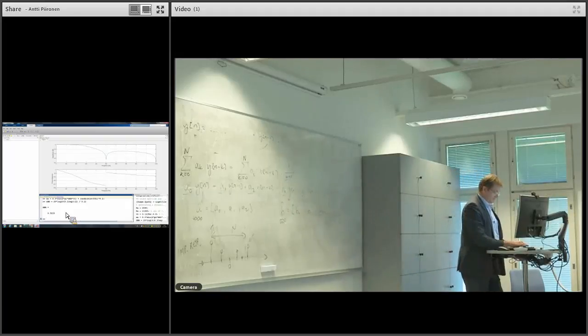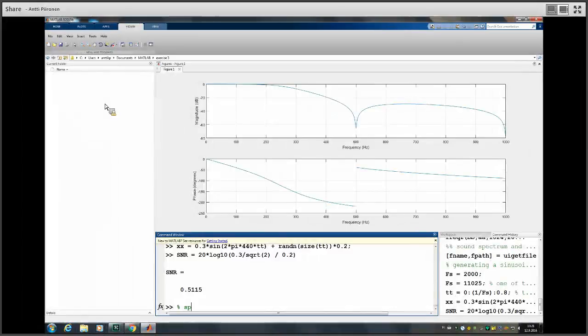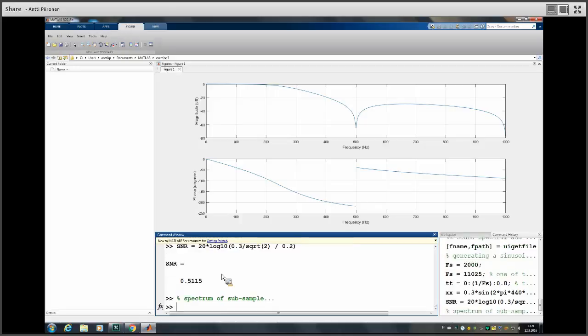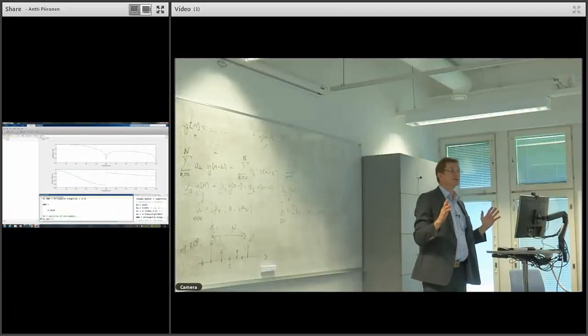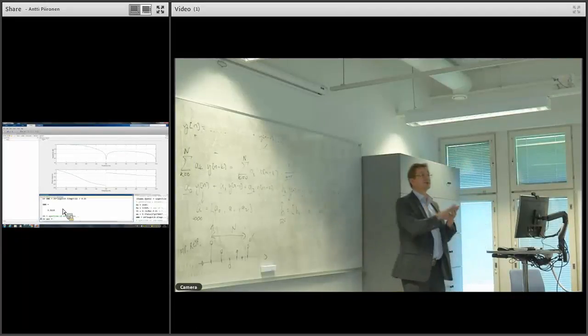However, let's calculate something here. For example, one single spectrum. Subsample with xx1. I take first just a certain section of those samples, and I will usually use 2 to the power of something numbers, because, well, discrete Fourier transformation.